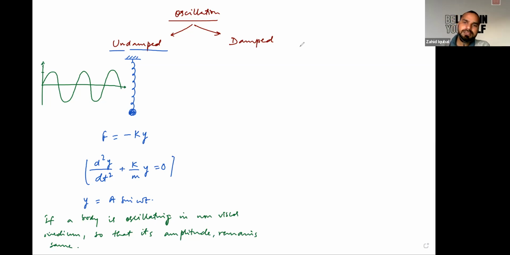Next, suppose a bob attached with a spring is placed in any viscous medium like liquid, gas. So this medium also opposes this particular oscillation.